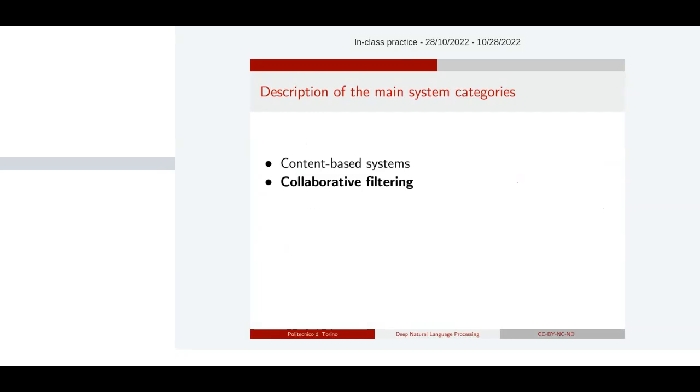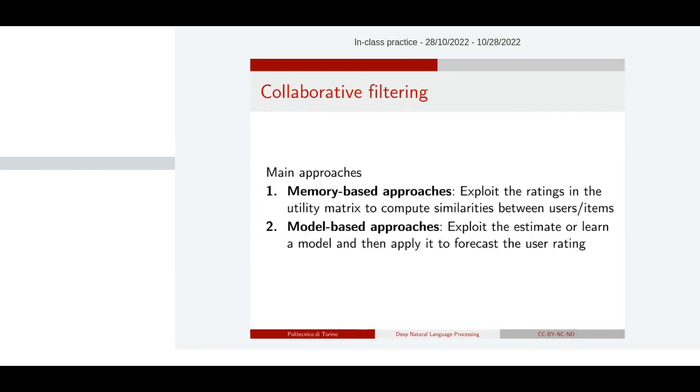Okay, so for the collaborative filtering system, we have two main approaches. One is called memory-based and tries to leverage the ratings in the utility matrix. So what a user has previously rated, positively or negatively, in order to estimate the user-item match.